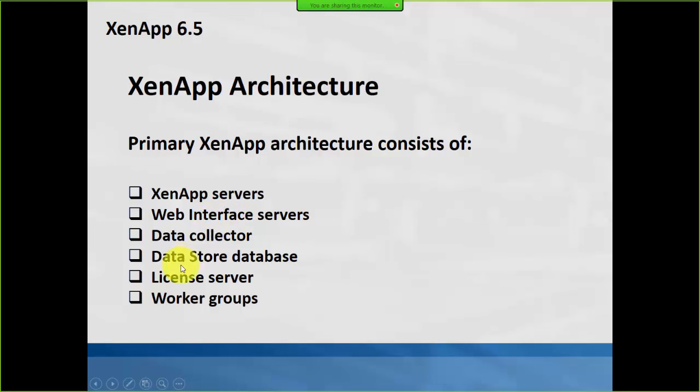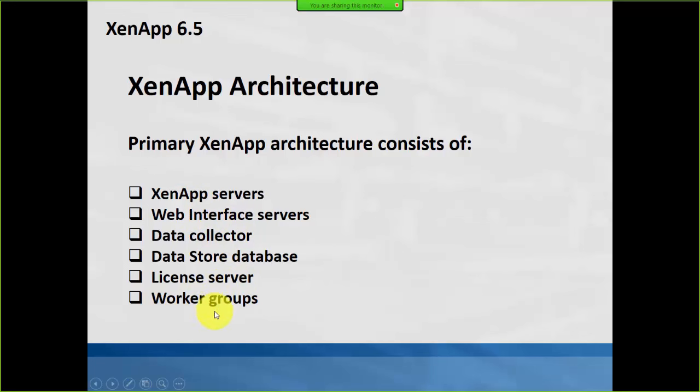But data collector, data store, which is the database, license server, and worker groups. So today we're going to be deploying ZenApp server, web interface; data collector will automatically be deployed, database will be automatically deployed, and the license server will have to be deployed if we want to even basically deploy ZenApp.